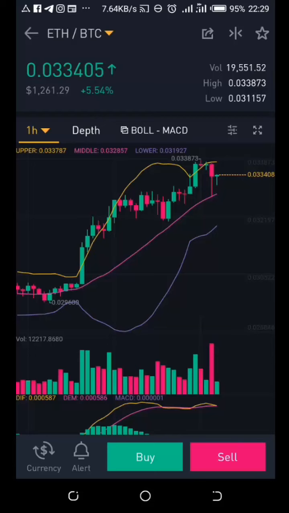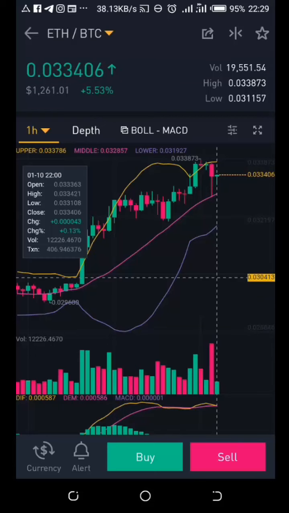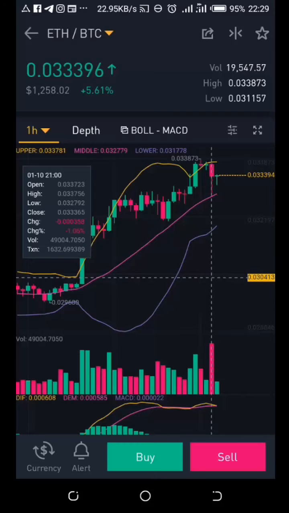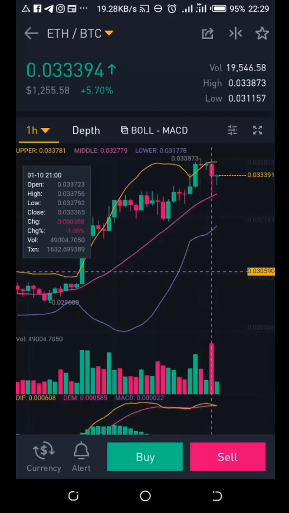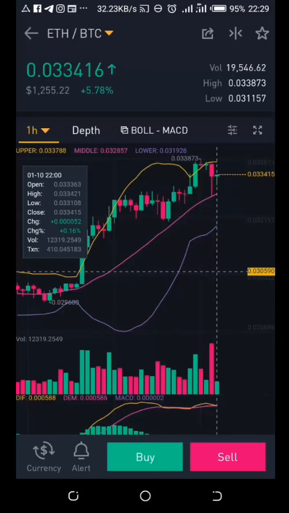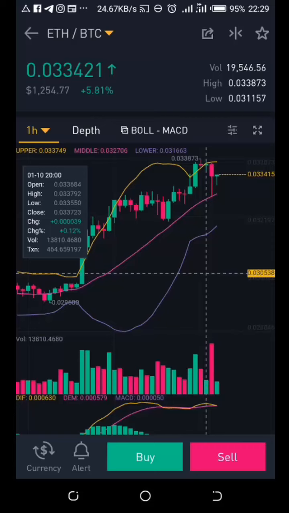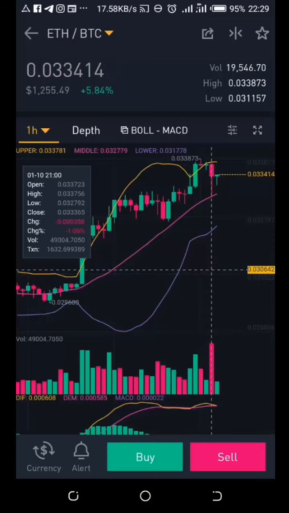So what we are going to do is place and hold on any of the bars on the chart. We can also go either left or right to look at the bar, what actually happened within an hour, because we are viewing the chart within an hour.